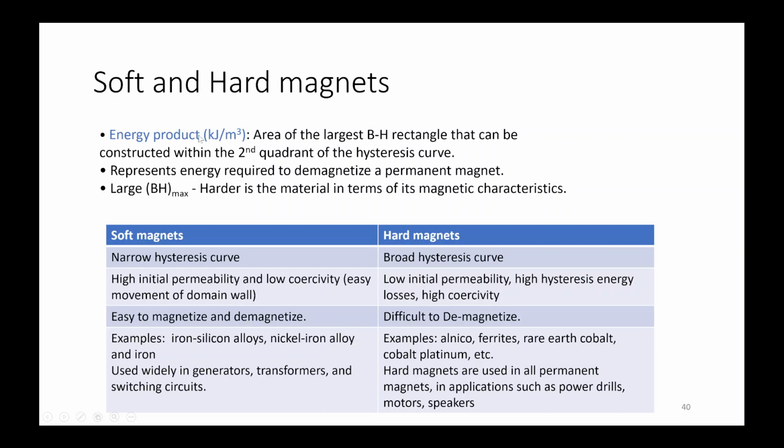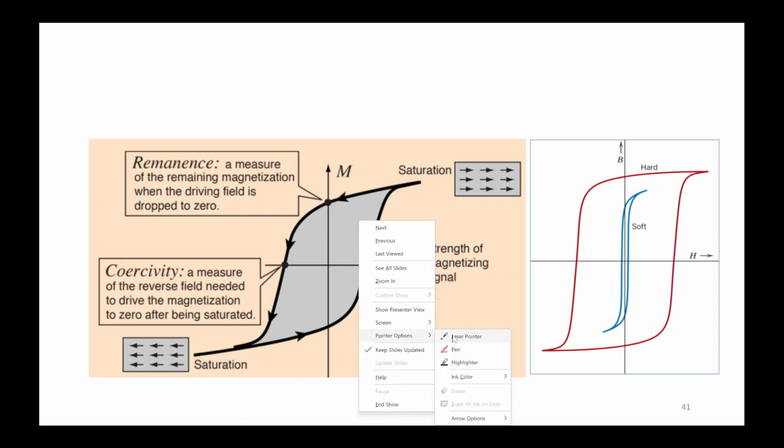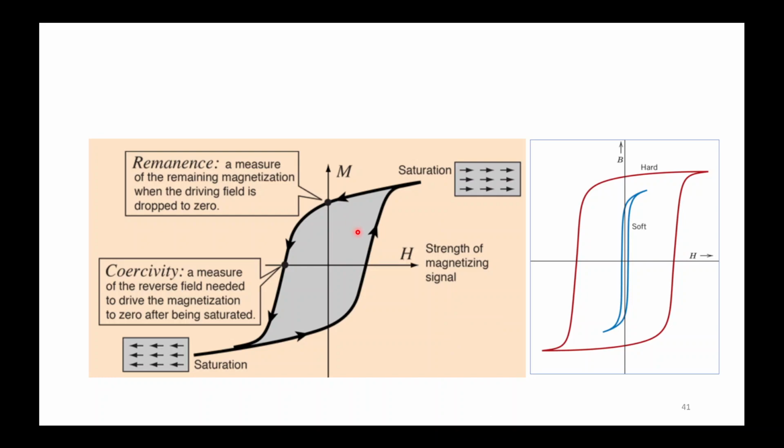Now energy product, kilojoule per meter cube. It is the area of the largest BH rectangle that can be constructed within the second quadrant of the hysteresis curve. So this is your hysteresis curve, this is your first quadrant, this is your second quadrant, third and fourth.